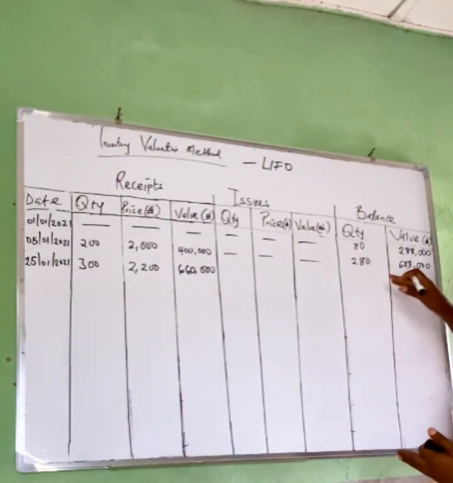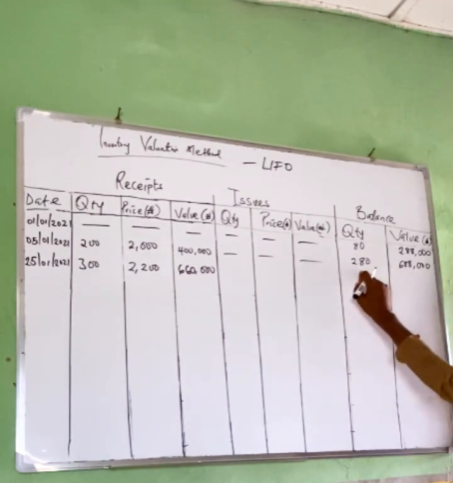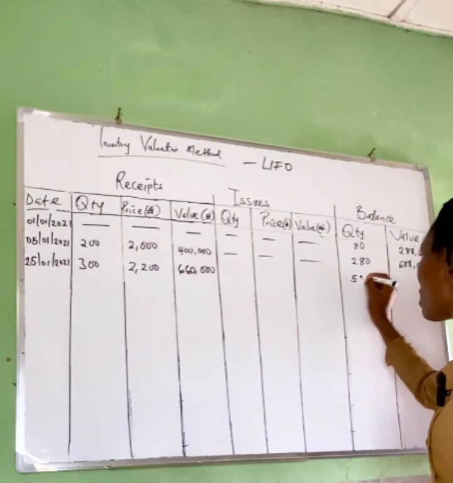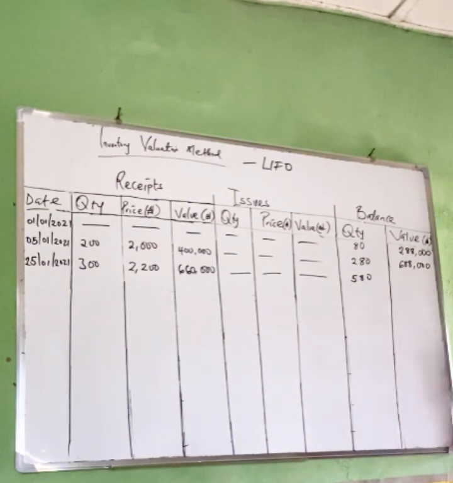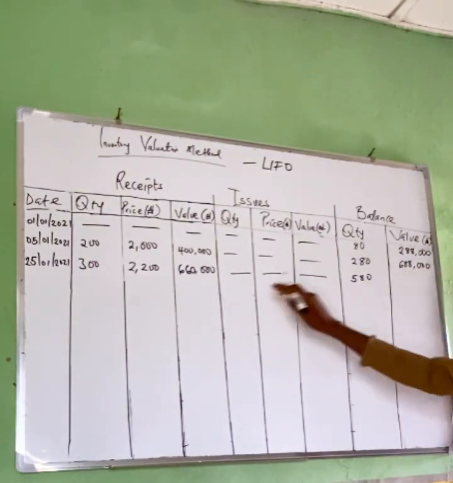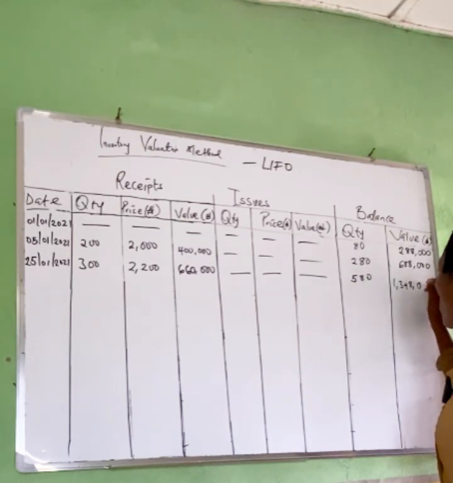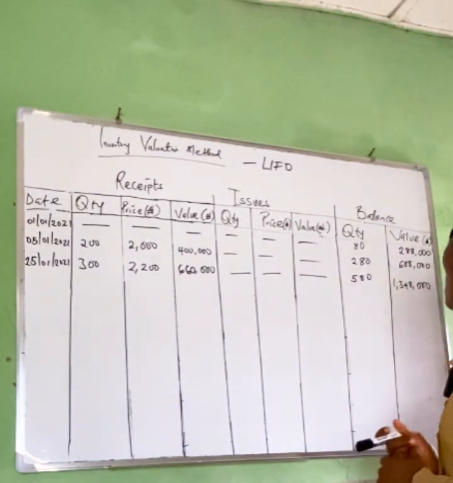To balance, because it's still a receipt, we add: quantity plus quantity gives us 580. Mind you, there was no issue. For the value we have 1,348,000 naira.